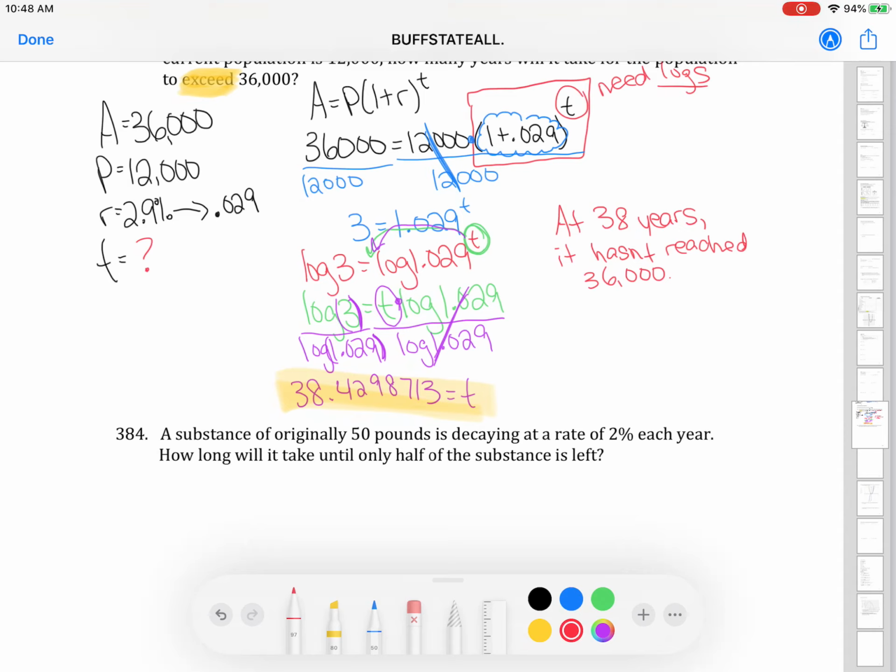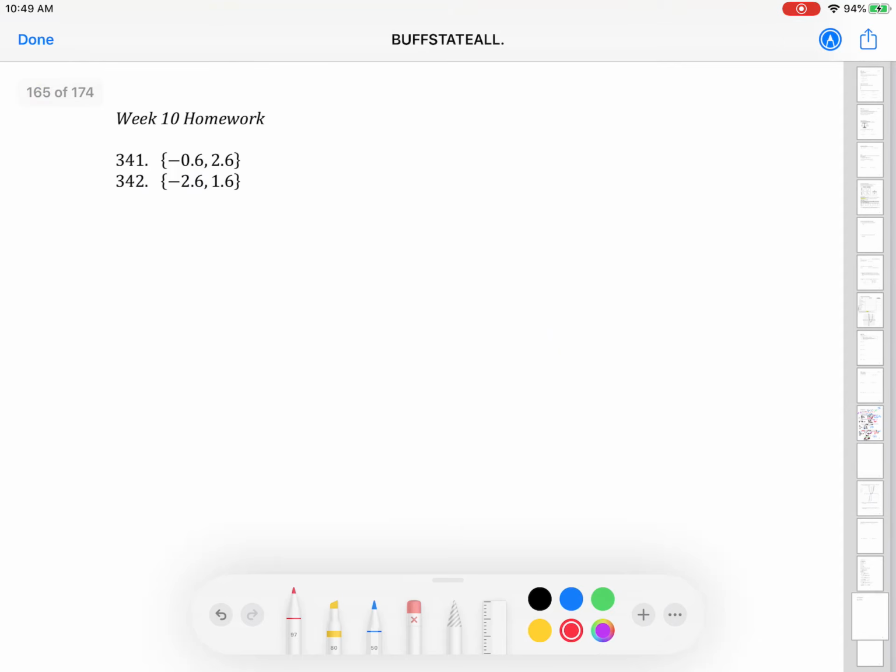This problem told me it takes exactly 38.429 blah, blah, blah years to reach 36,000. So if I'm trying to exceed 36,000, it's going to take a full 39 years when I'm rounding to the nearest whole number to exceed.